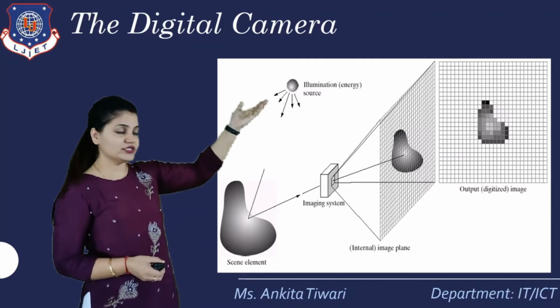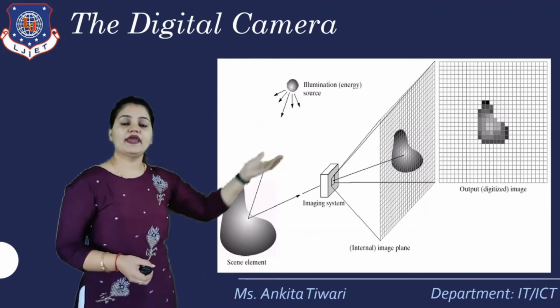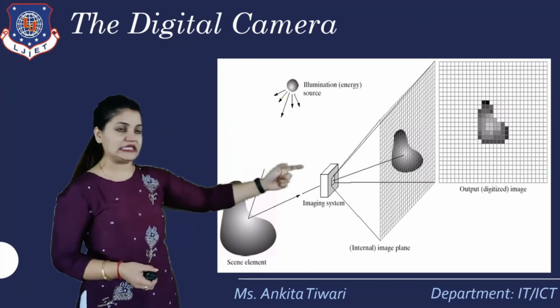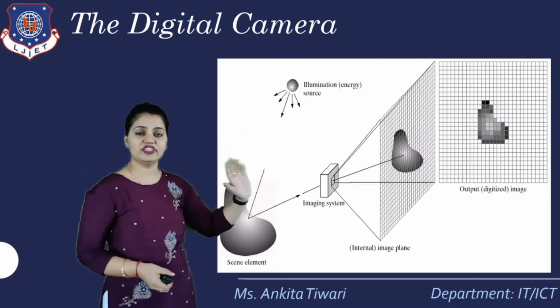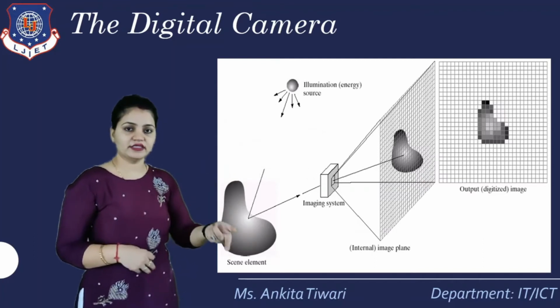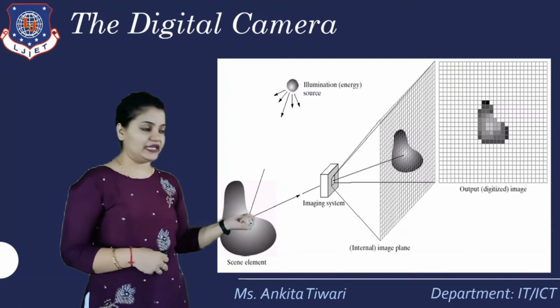We are having illumination energy sources, that is light rays that we are getting. Then we are having the internal image plane, that image which is not visible to us, but it is there. The internal image plane is given to the output digitized image, where we will see the image like this. So this is what the thing is with respect to the scene element which is already there.